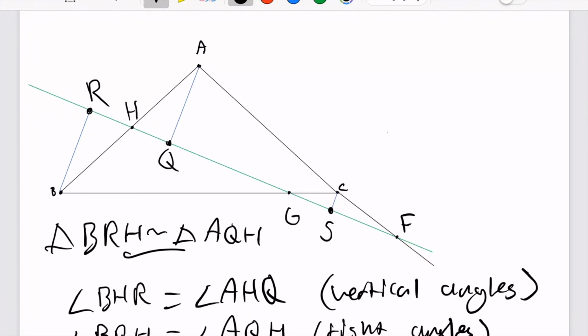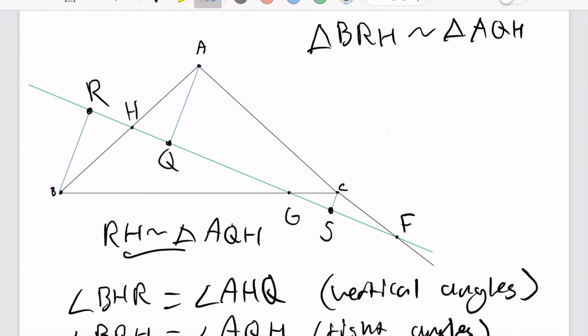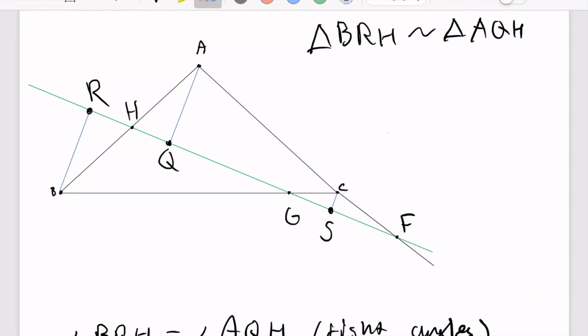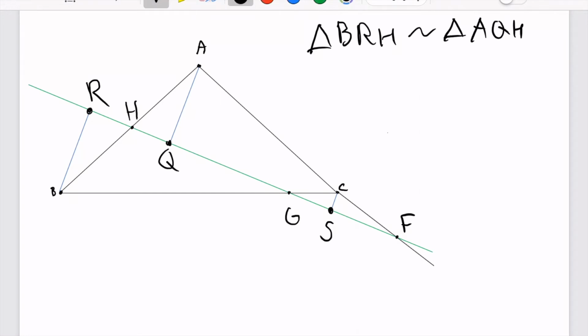All right, so let's keep track of the similar triangles we have. We know that triangle BRH is similar to triangle AQH. Okay, so that's the first set of triangles that are similar within this diagram. And if I just erase all this, the next set of triangles that are similar will be triangle CSG, which is this little one in here.